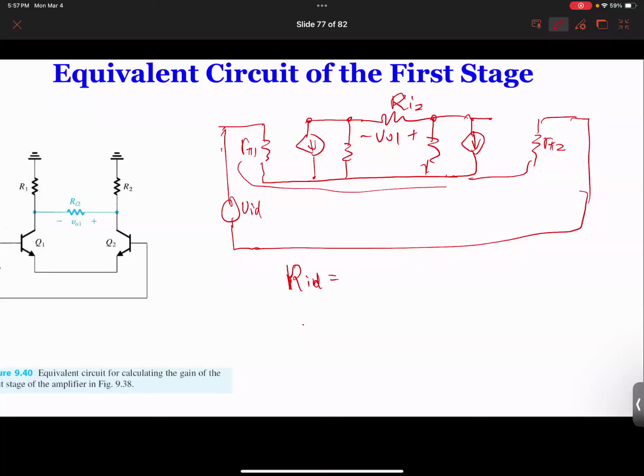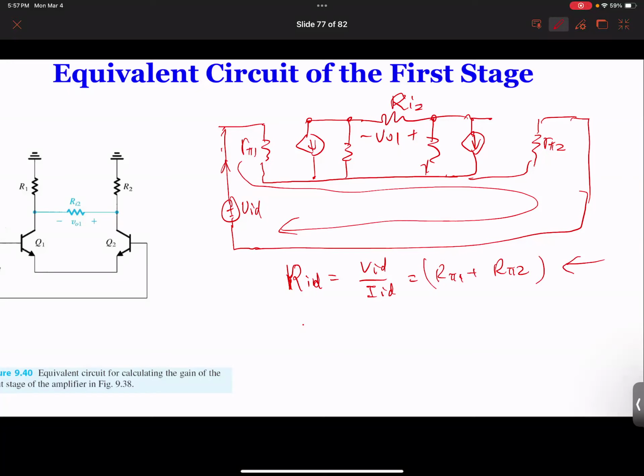If you look at the circuit over here, this plus minus, which we call ID, let's call it RID, which will be simply R pi 1 plus R pi 2. That's your first stage.